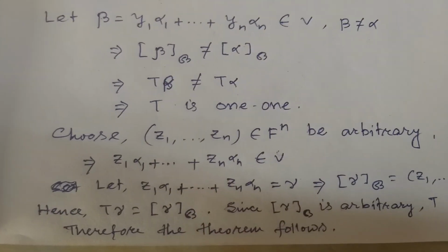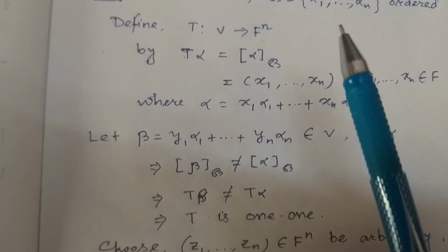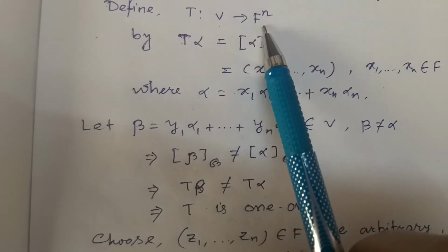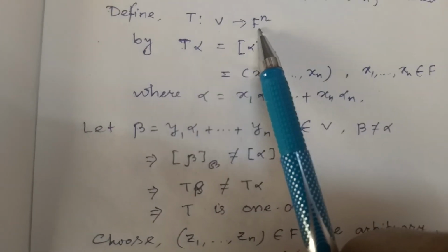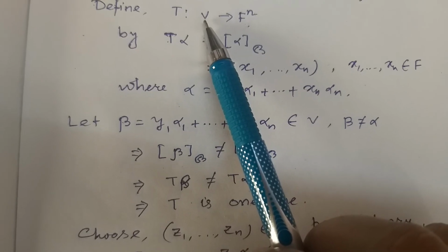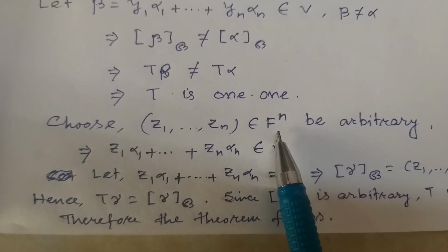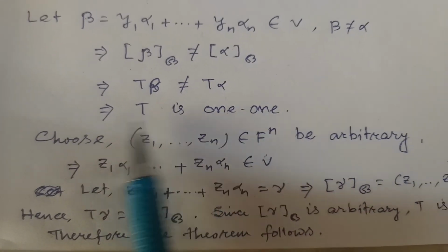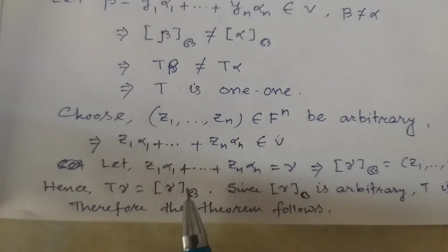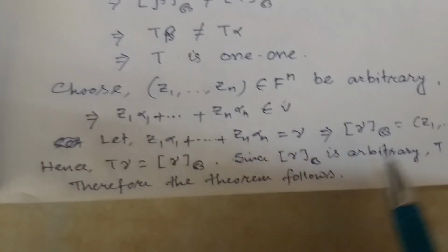Next we have to prove onto. How to prove onto? We have to take an arbitrary element and show that it has some preimage. So this is an arbitrary element in F^n, and we are searching for a preimage under T. So this holds.